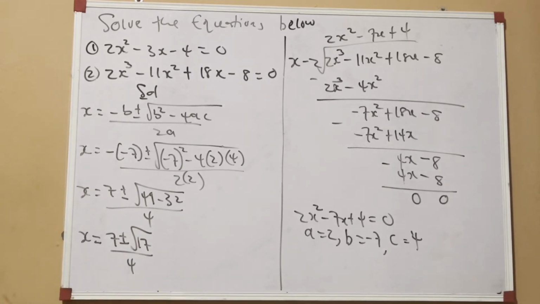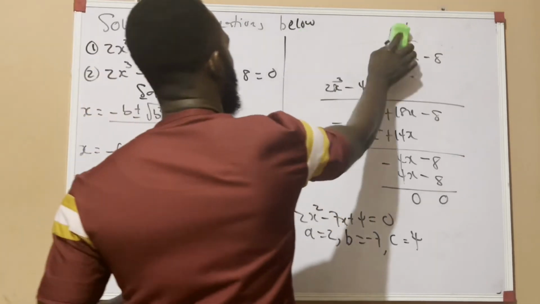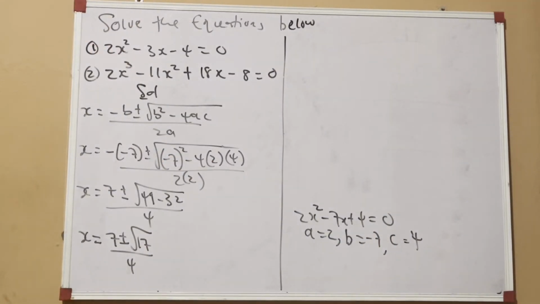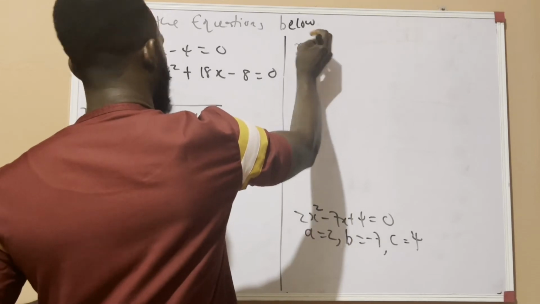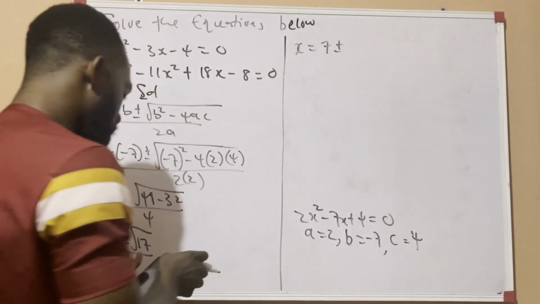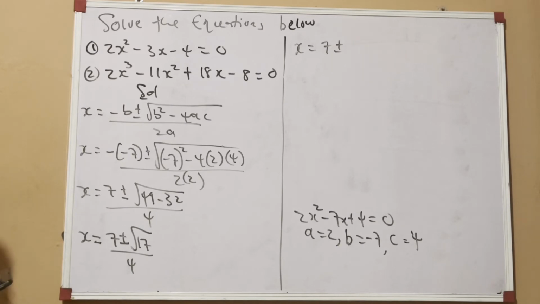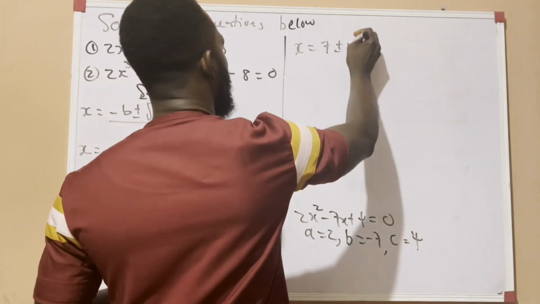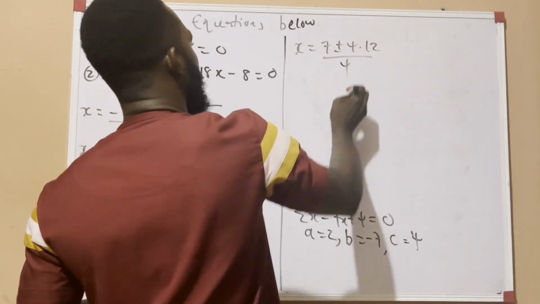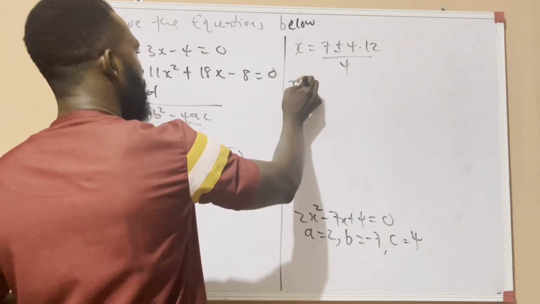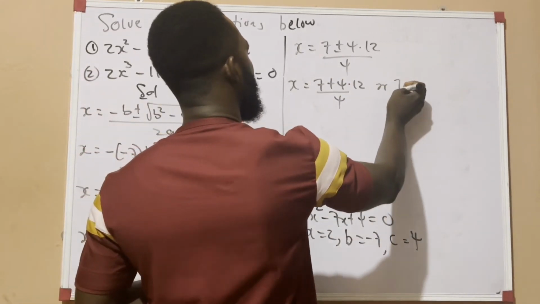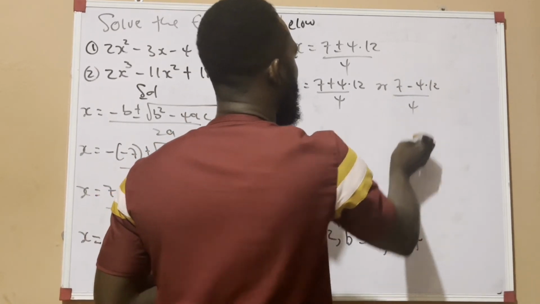All right, so here we are going to get x is equal to 7 plus or minus. Now we are going to look for the square root of 17. Okay, the square root of 17 gives us 4.123. So let's just use 4.12, all over 4. Which can also be written as x is equal to 7 plus 4.12 over 4, or 7 minus 4.12 over 4.